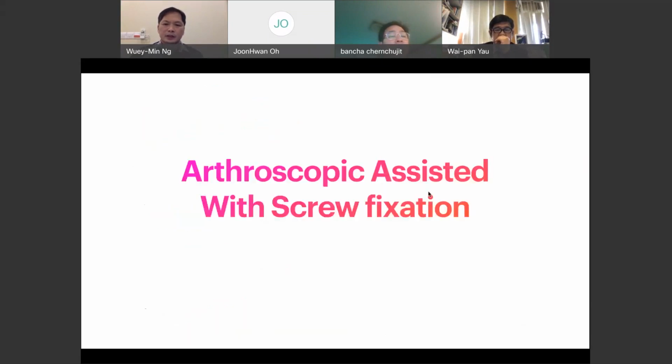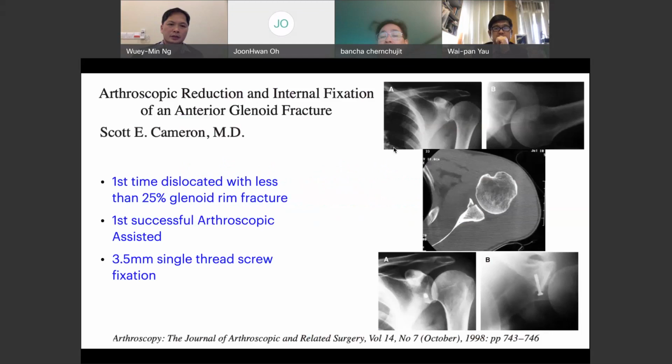Nowadays, we advocate using arthroscopy-assisted repair because we think it's easier to do, especially for the glenoid. The direction in which you put the screw is very low down. With the skin incision, either you make a very big skin incision, or the tendency to injure the surrounding structures around the deltopectoral approach is quite high. So arthroscopic reduction was first attempted by Dr. Cameron in 1998.